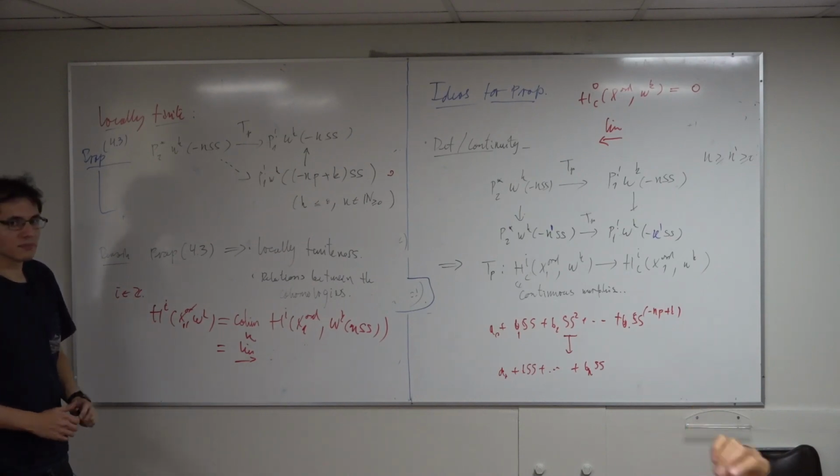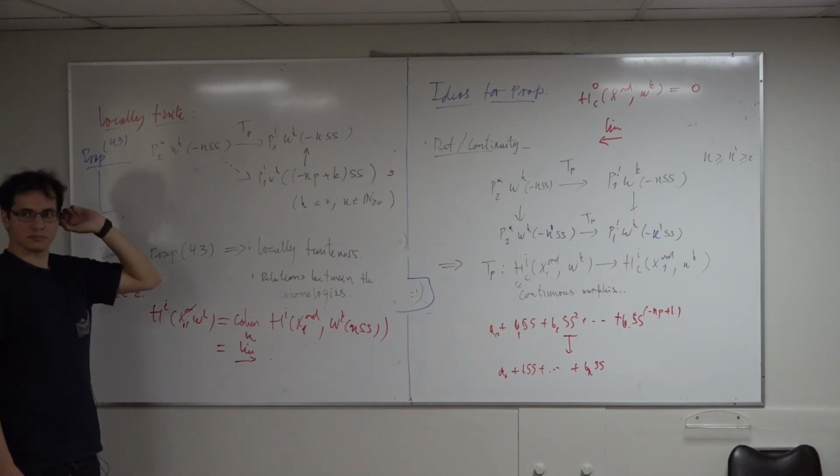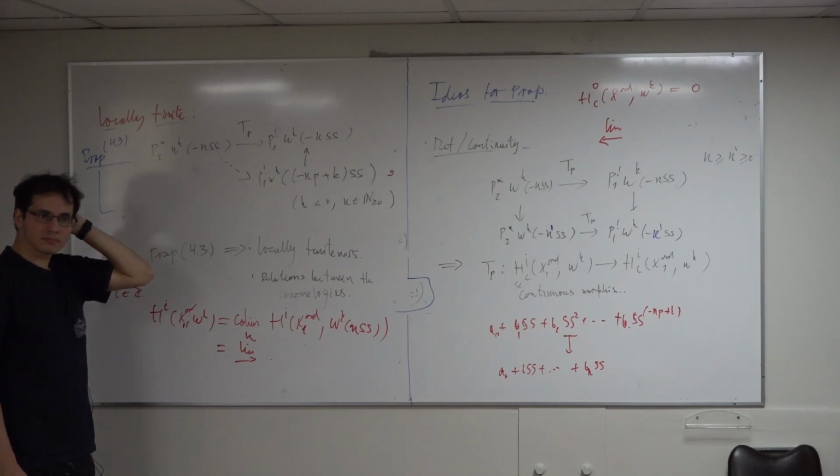So in the inverse limit it must be zeros, and in the direct limit it must be poles. That's what I'm saying.